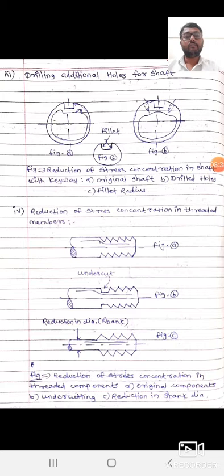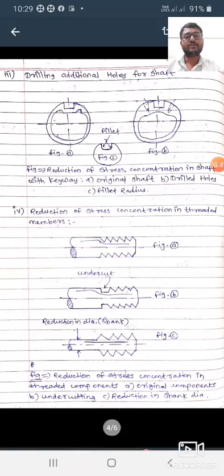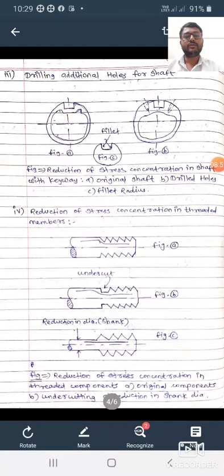Also in figure B it is observed that by reducing the shank diameter of the threaded member, stress concentration reduces. That straight flow line shows that the stress concentration is reduced due to reduction in diameter, that is, shank diameter.